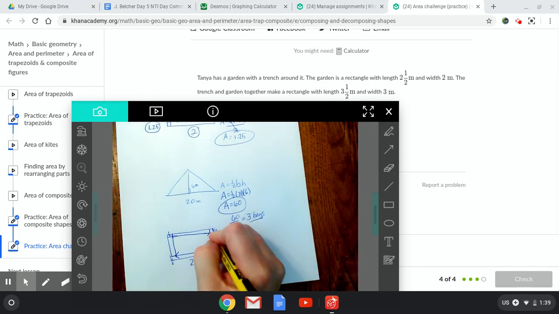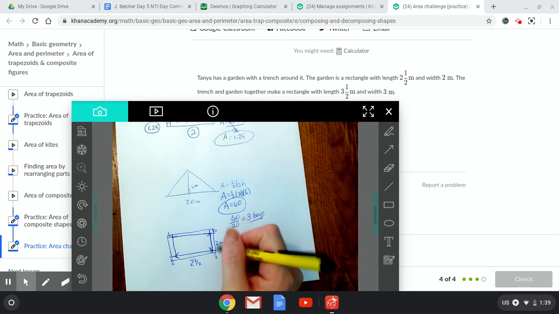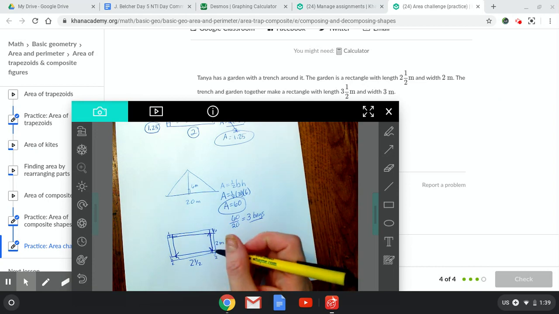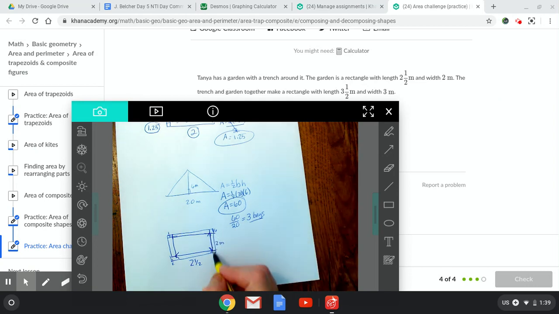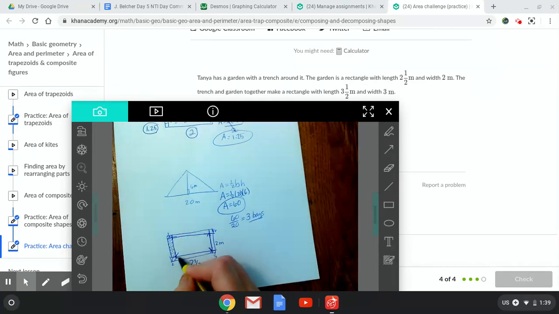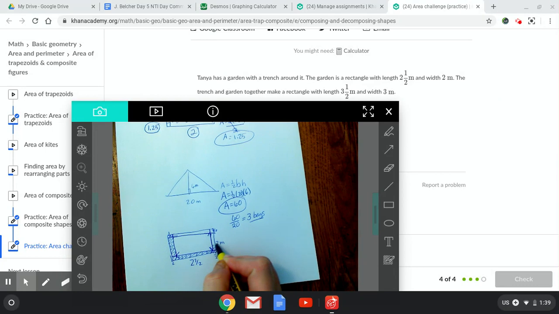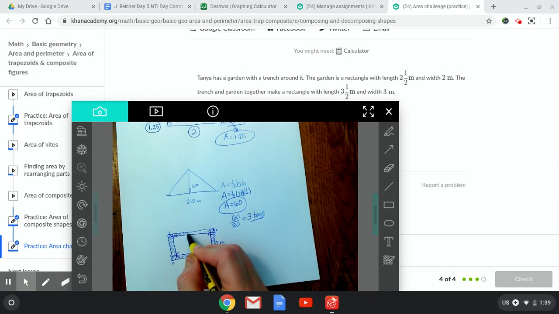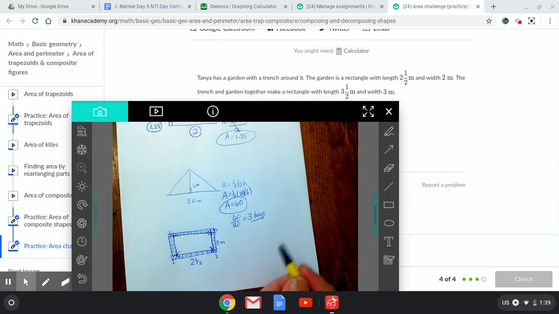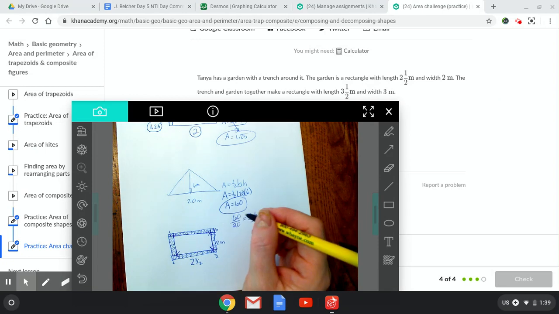And then this is 2. They want this to be 3, so I'm going to put a half on each side of there. Okay, so looks like my little rectangle that I'm trying to do around the outside is that.